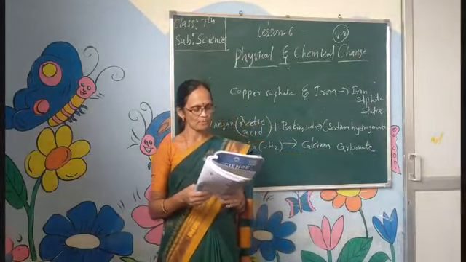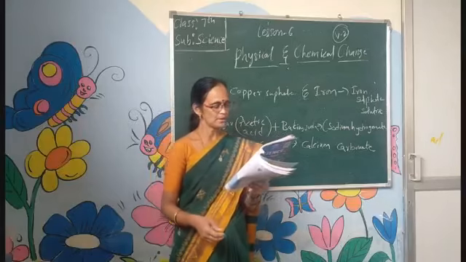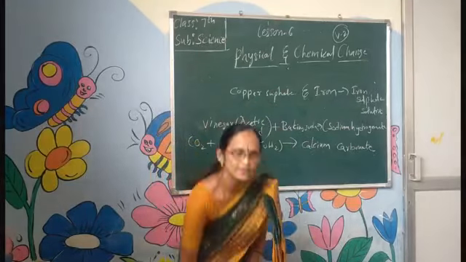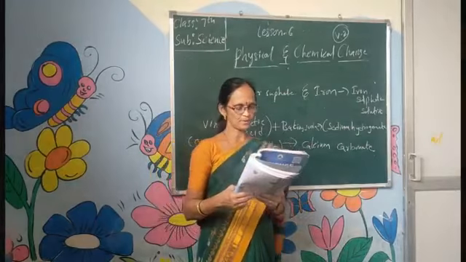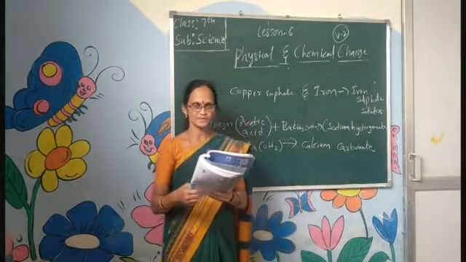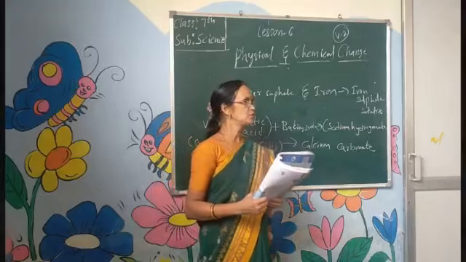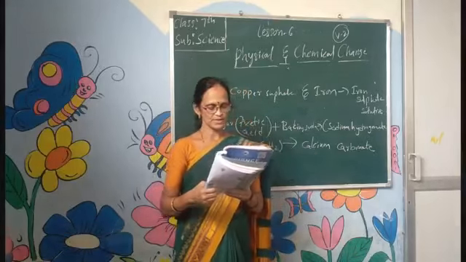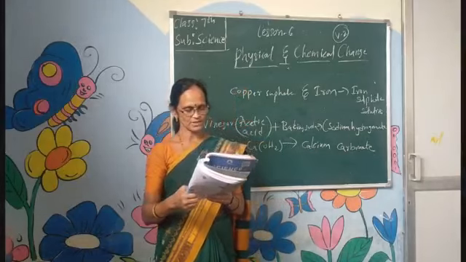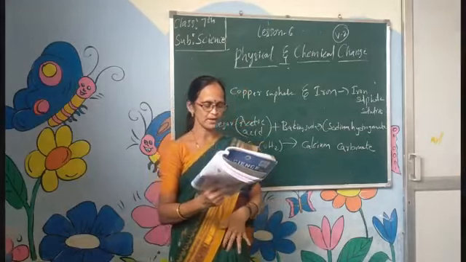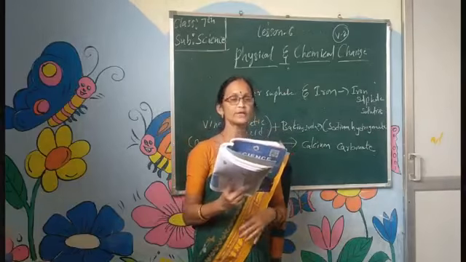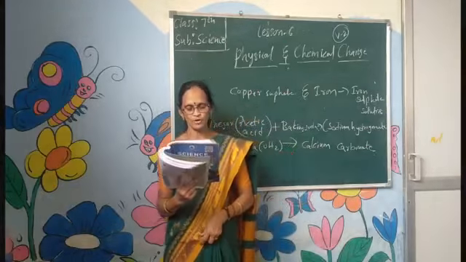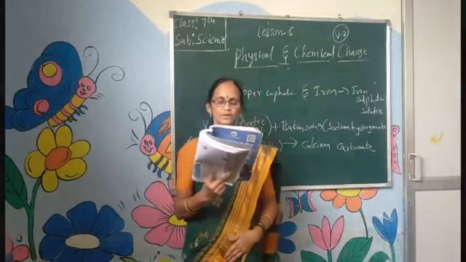The reaction of copper sulfate with iron produces iron sulfate and copper. Both are new substances. When there is a new substance, that change is called a chemical change. In activity 6.8, vinegar and baking soda together produce carbon dioxide, which turns lime water milky.